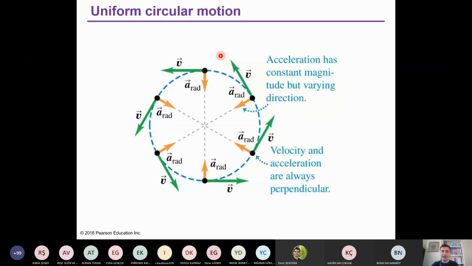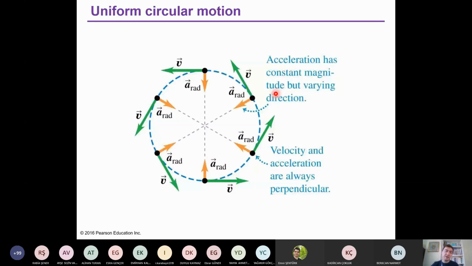In addition to that, we have a radial acceleration toward the center of the circle for each point, and due to this radial acceleration, the direction of the velocity changes. Acceleration has constant magnitude, but varying direction.